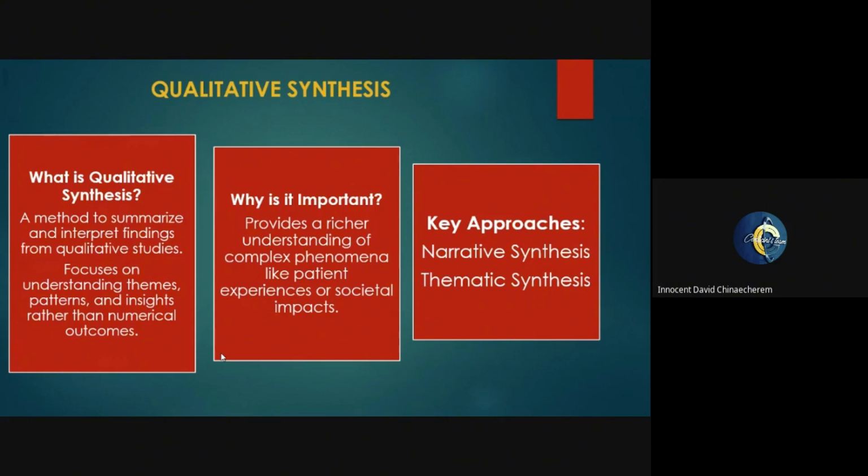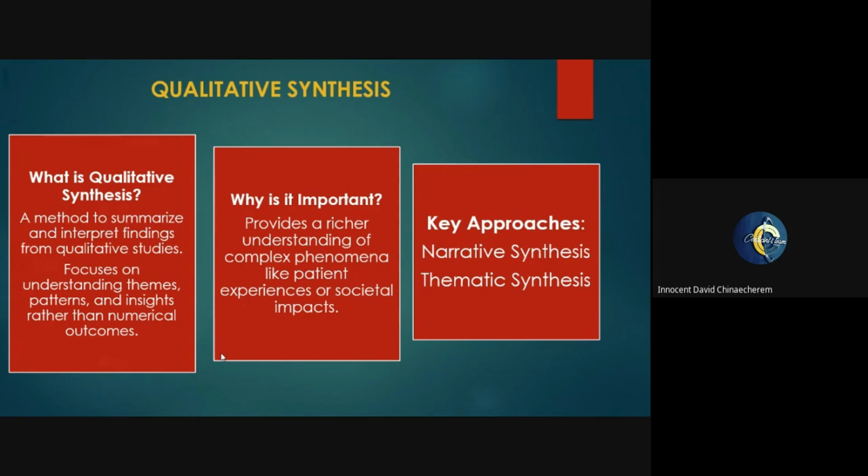It means that for you to perform your synthesis, you need to qualitize that information, because most times when we are looking at diverse papers, we might not be able to pick out all those numbers to pool them together, just like how we showed in a meta-analysis paper. But in a qualitative synthesis, it's going to be more of us going through the patterns and themes that we find in those papers.